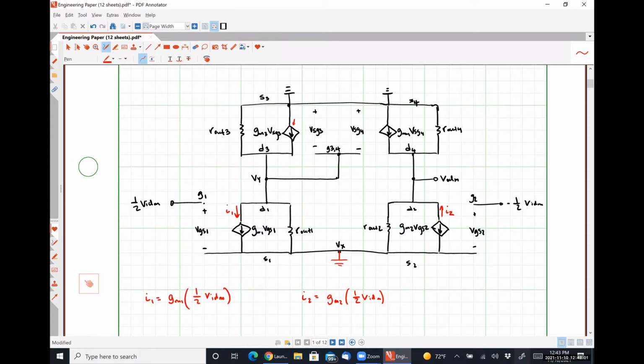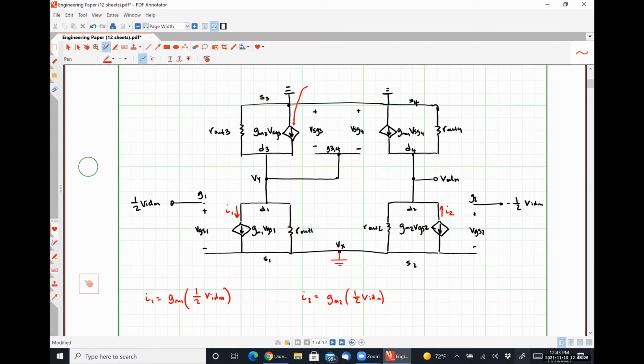GM3 times VSG3, whatever that happens to be, right? It has a voltage drop of VSG3 over it. So since the voltage and the current are linearly related, that guy is actually just behaving as a resistor, having a value of 1 over GM3.